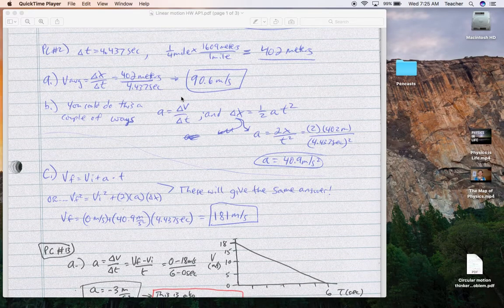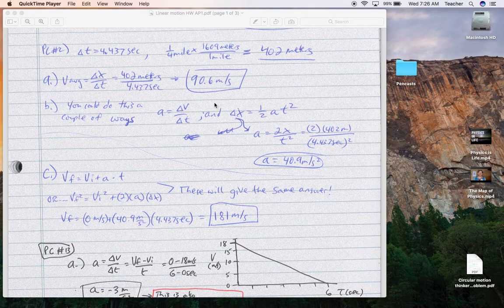For letter B, it's asking about the average acceleration. So you could do this a few ways. For example, change in velocity over change in time. And this is another way. The problem with the change in velocity over change in time is you can't plug in 90.6 for the change in velocity because that's an average velocity, not a change. If you start at 0, and this is your average, your final velocity is not 90.6.